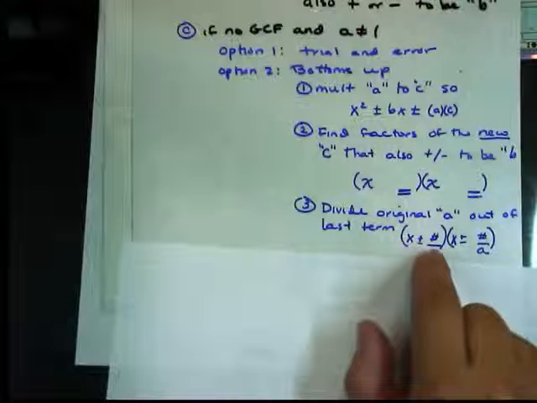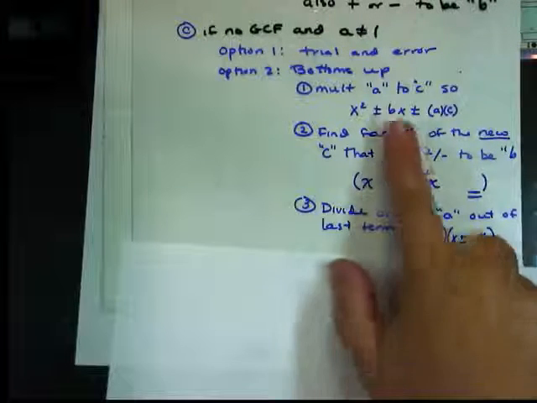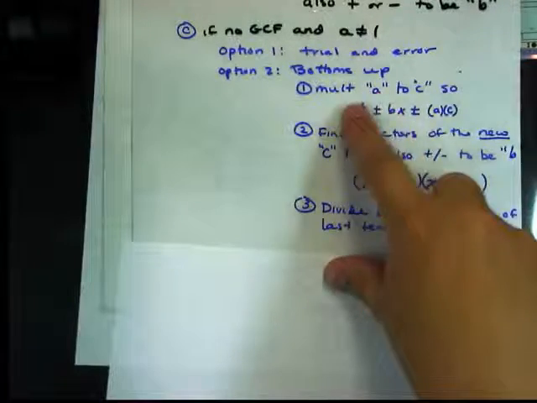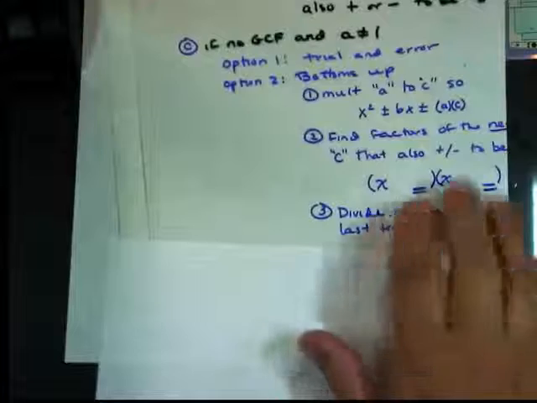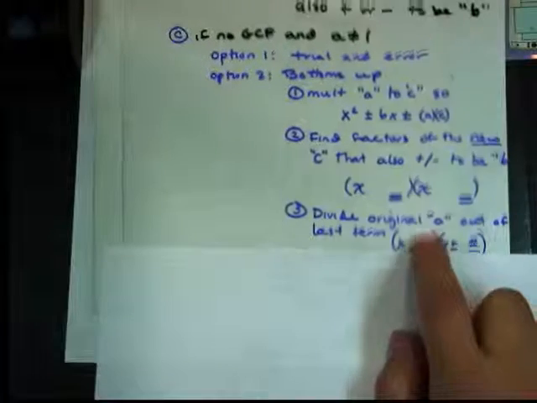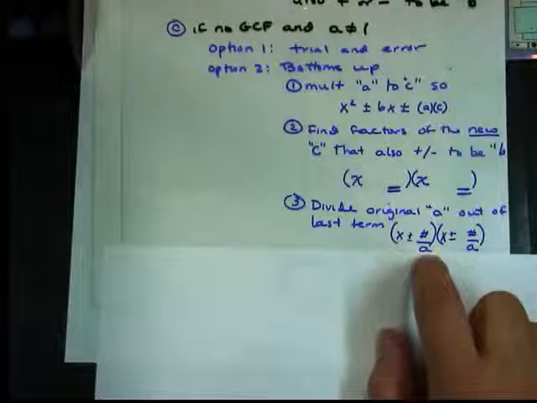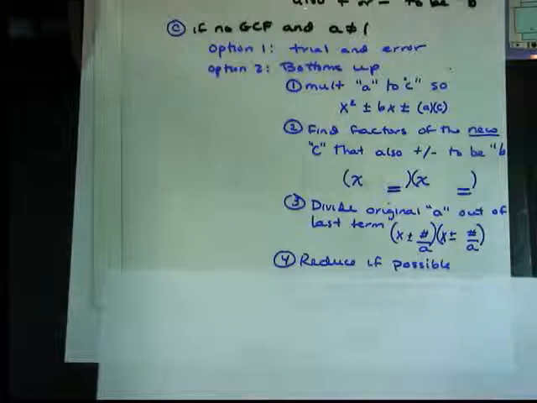I must divide them by that original a that I multiplied with. Once I divide that, this number is either a whole number or it needs to be reduced, because it will be a fraction.